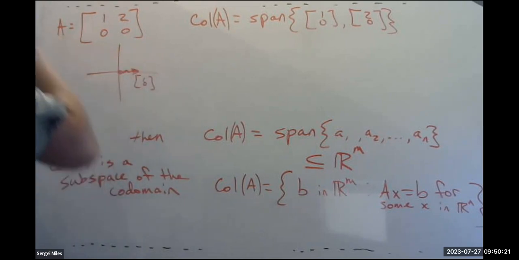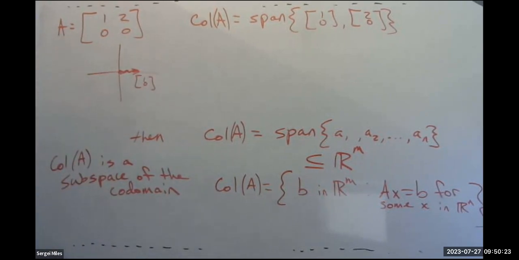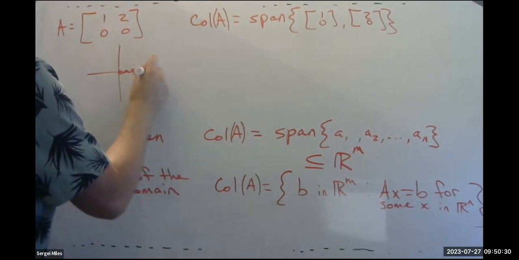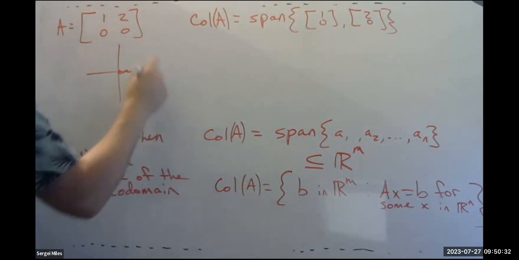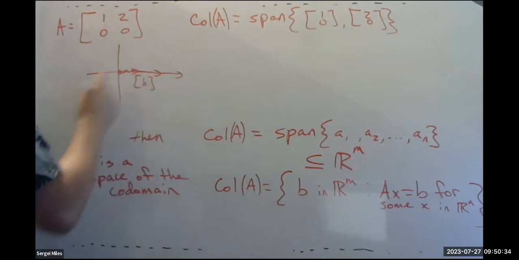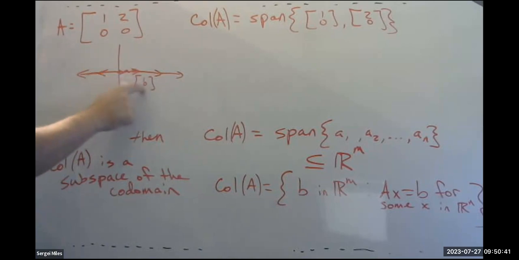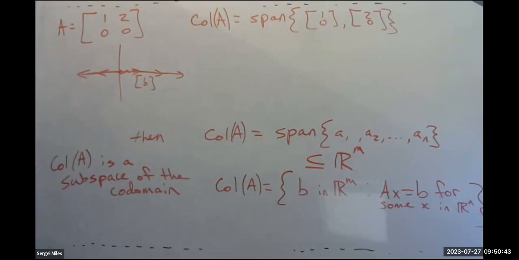Because I'm taking the span of it, I can take any multiple of 1, 0. I can stretch it out to 2, 0, I can stretch it out to 3, 0, I can stretch it out in the negative direction as much as I like. I can go anywhere on the x-axis just with the vector 1, 0.